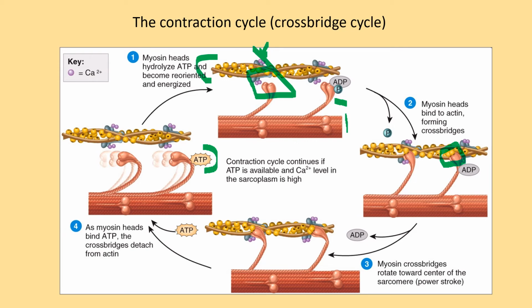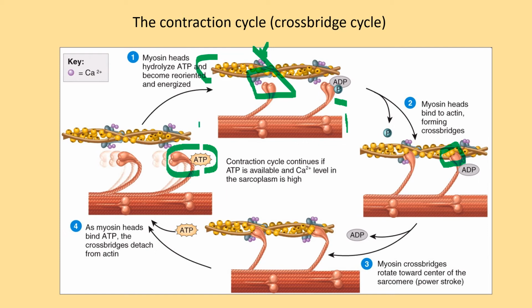What causes the myosin head to change shape? A couple of things. ATP is one, and connecting to actin is another. So notice that this ATP is bound to the myosin head.